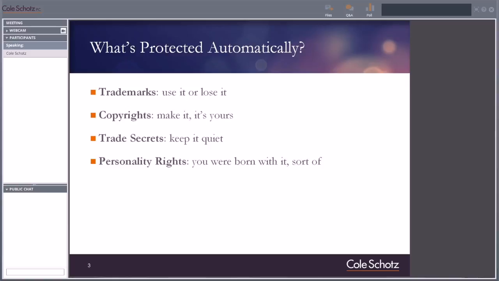And finally, steps must be taken to keep the information a secret. There are various, and often very entertaining, ways that trade secrets are protected. More commonly, you have non-disclosure agreements and non-disclosure provisions in employment agreements. But others take much more extreme efforts to protect their trade secrets.